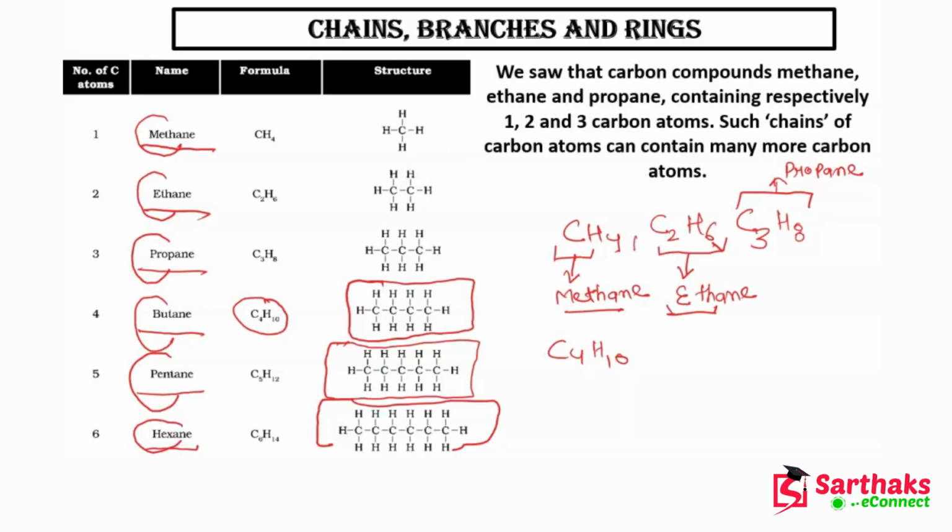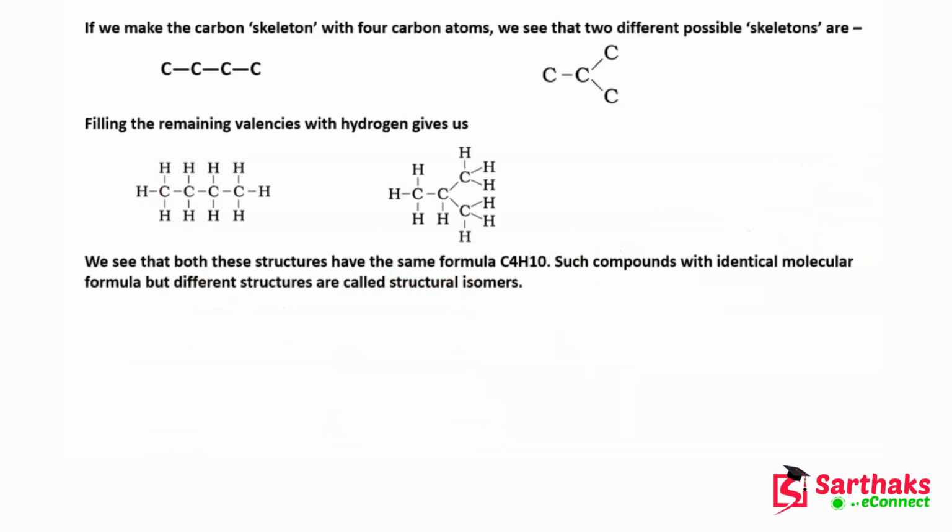Now let's move on to the next slide and talk about another important point. Students, if we make the carbon skeleton with 4 carbon atoms, 2 different skeletons are possible.